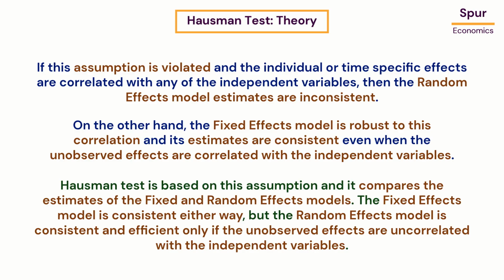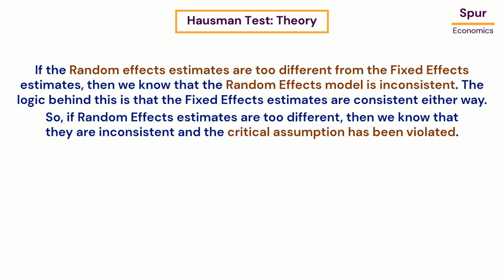The fixed effects model is consistent either way, but the random effects model is consistent and efficient only if the unobserved effects are uncorrelated with the independent variables. If the random effects estimates are too different from the fixed effects estimates, then we know that the random effects model is inconsistent. The logic behind this is that the fixed effects estimates are consistent either way.